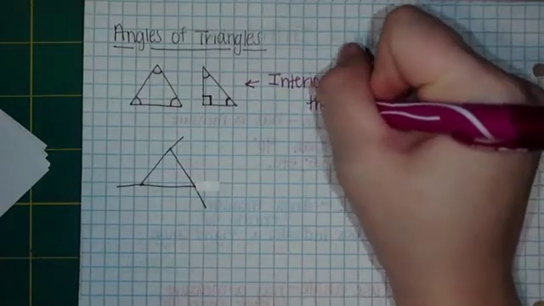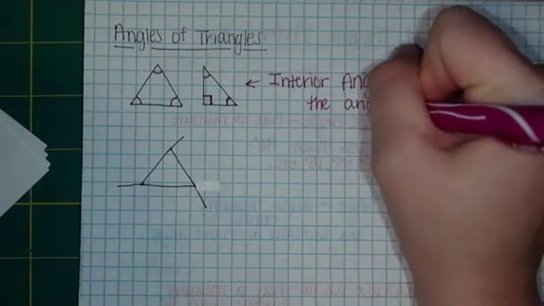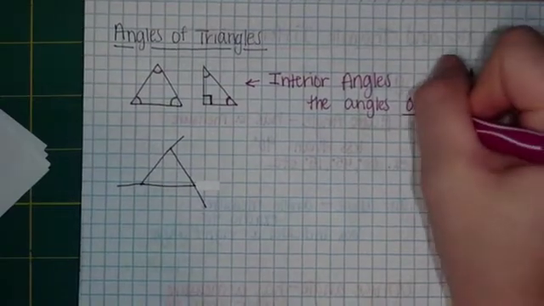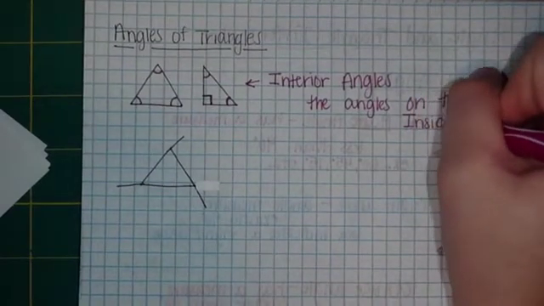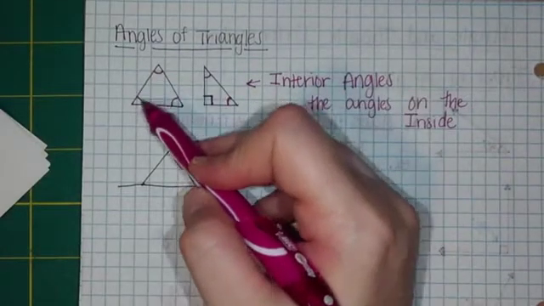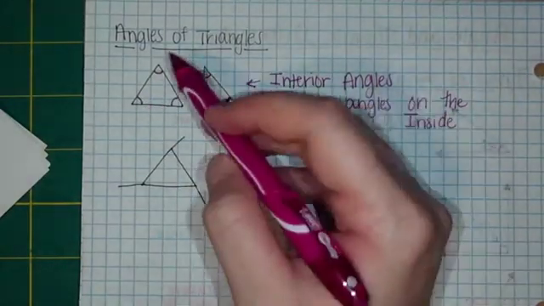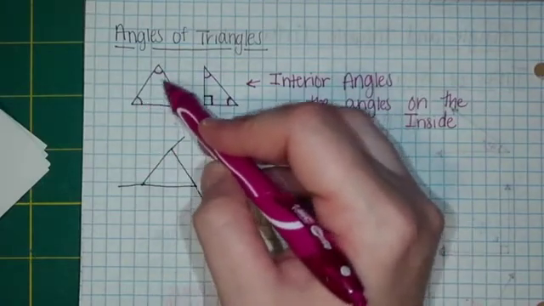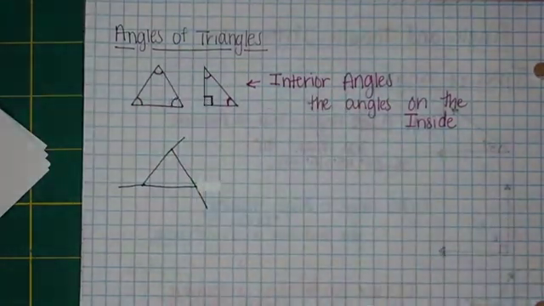The angles on the inside. So if you think about an interior designer, they are designing on the inside. Interior is thinking about, like, if this was a fence, all of those angles are inside of the fence.